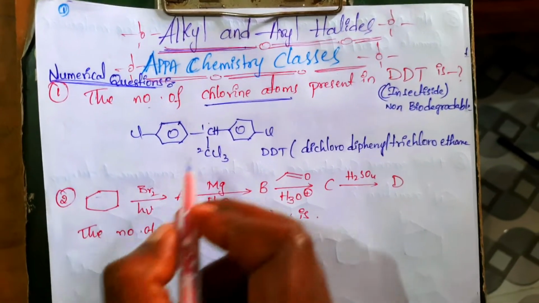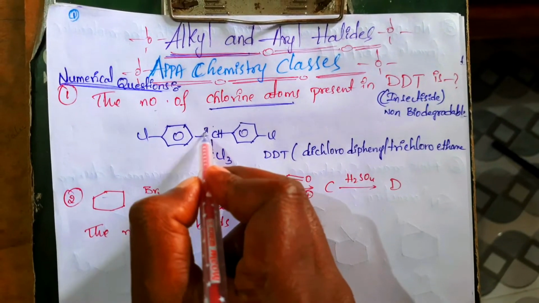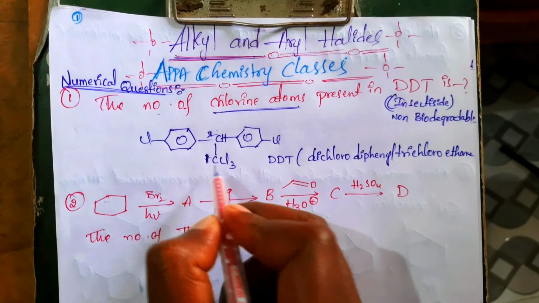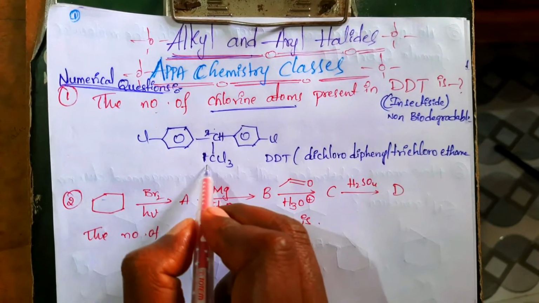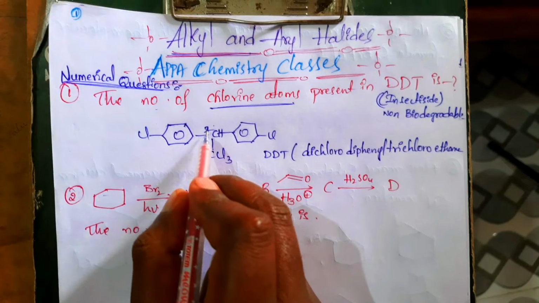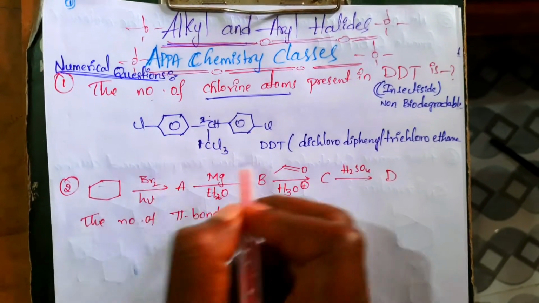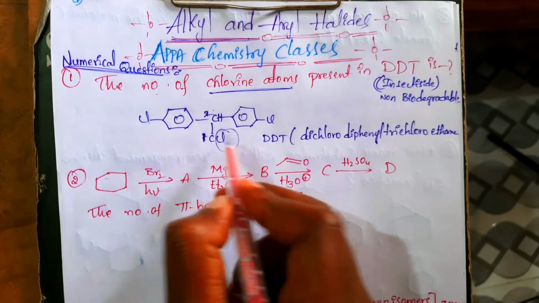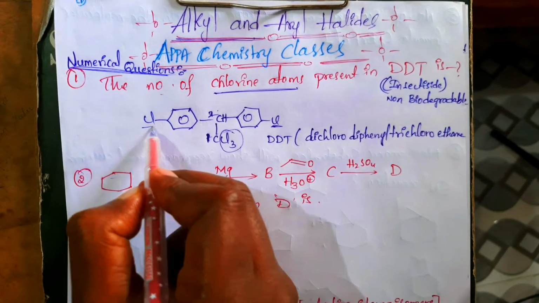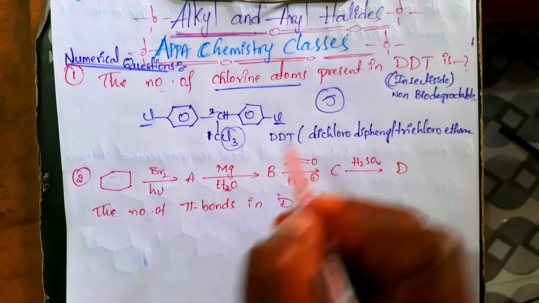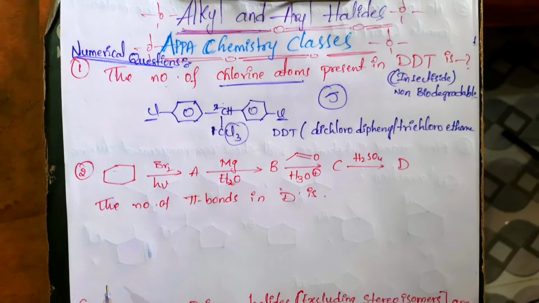You can take 1,1,1-trichloro, 2,2-diphenyl, para dichloro. That is what we are calling DDT. How many chlorines are there? 3, 4, 5. So the total number of chlorine atoms in DDT is 5.